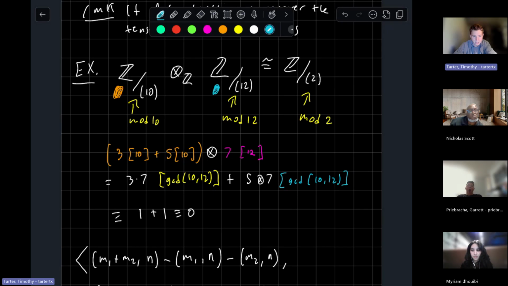So is M tensor N, a tensor of A modules, a quotient of M times N mod the GCD of the characteristic of M and the characteristic of N?